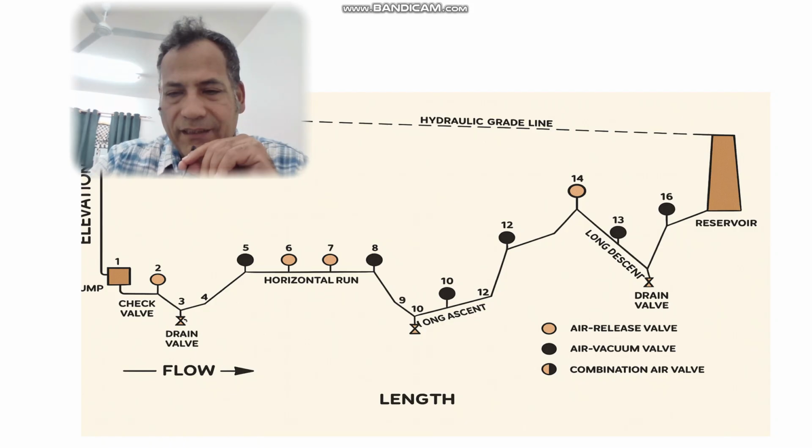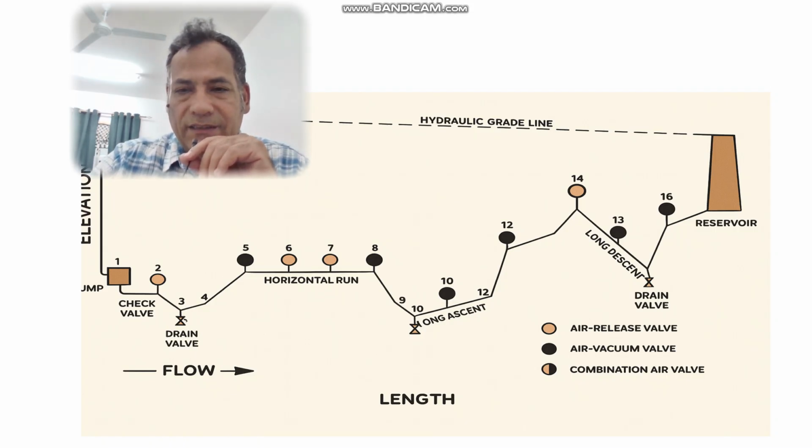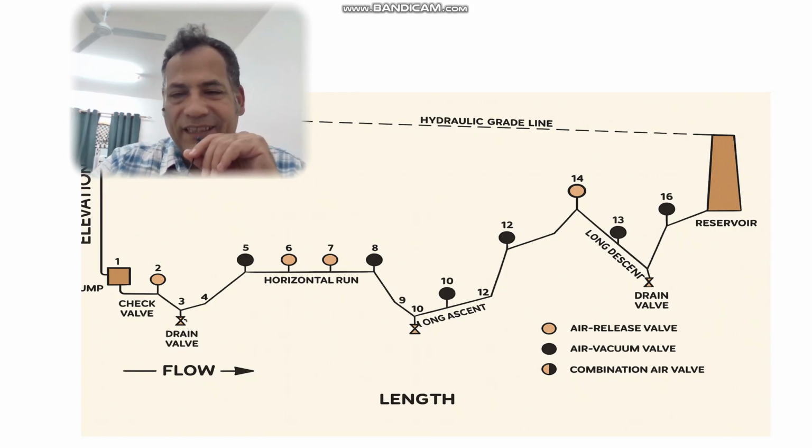As per the recommendation of the standard, they are saying you need to put an air release valve at this point because it's the highest point. At the highest point, we need to install one air release valve.